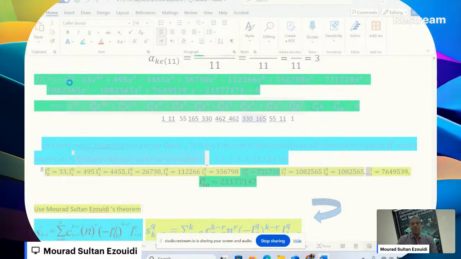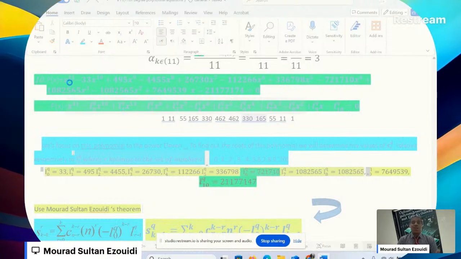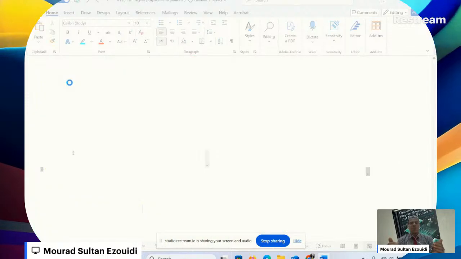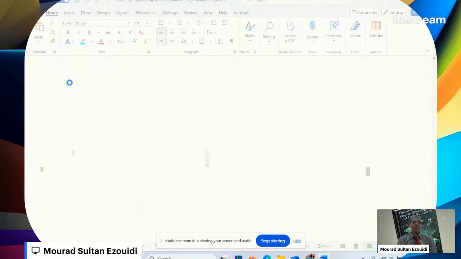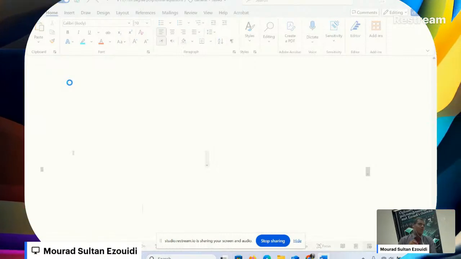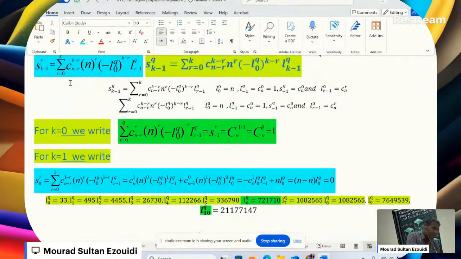Now we are going to continue. I'm going to find s0. S0 in fact is the sum of the absolutes of this new 11-degree equation that corresponds to the original 11-degree equation. So let's start.